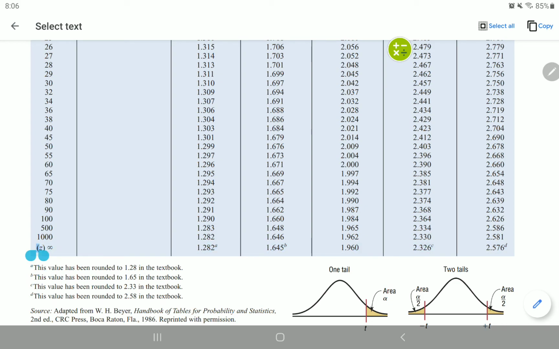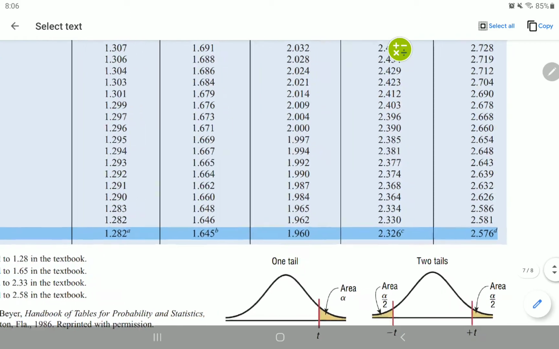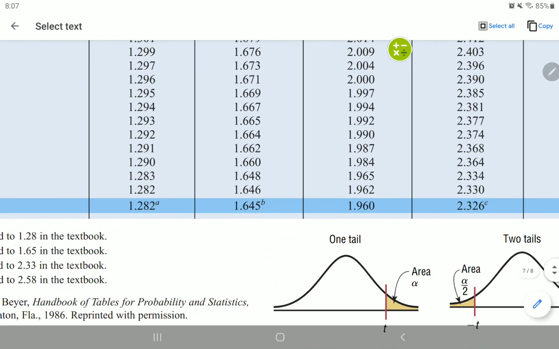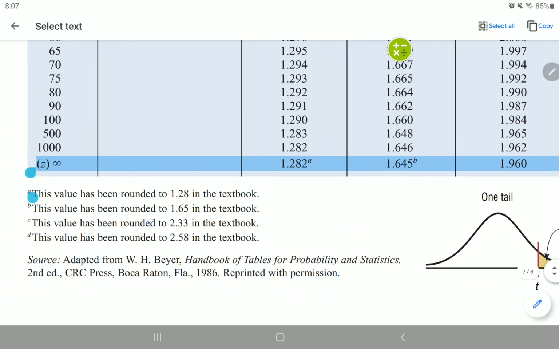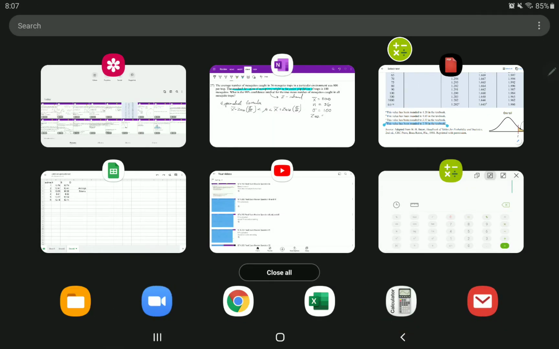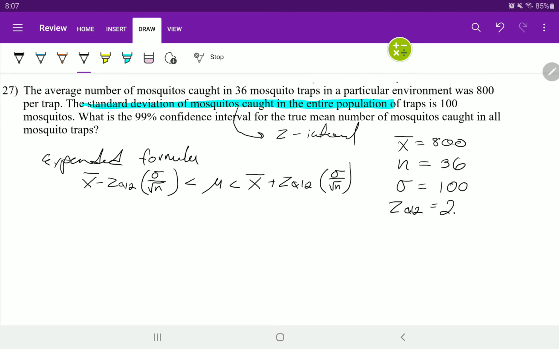Highlight that last row. And here it says the critical value is 2.576. But there's a D right there, so we're going to go to our legend. And that D says that this value has been rounded to 2.58 in the textbook. So our critical value in this case is going to be 2.58.